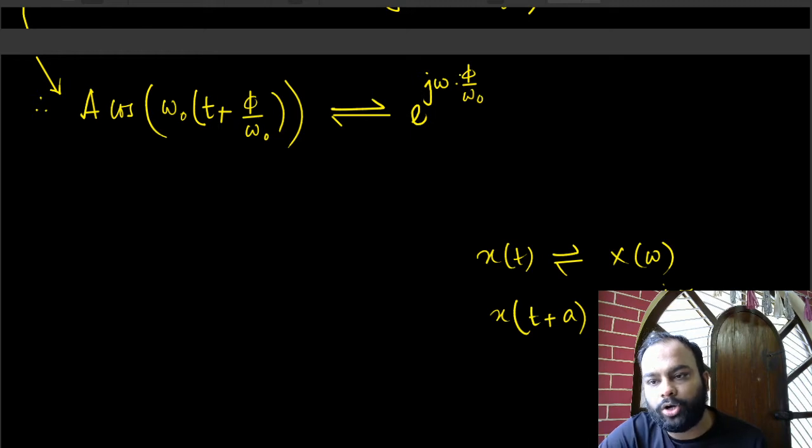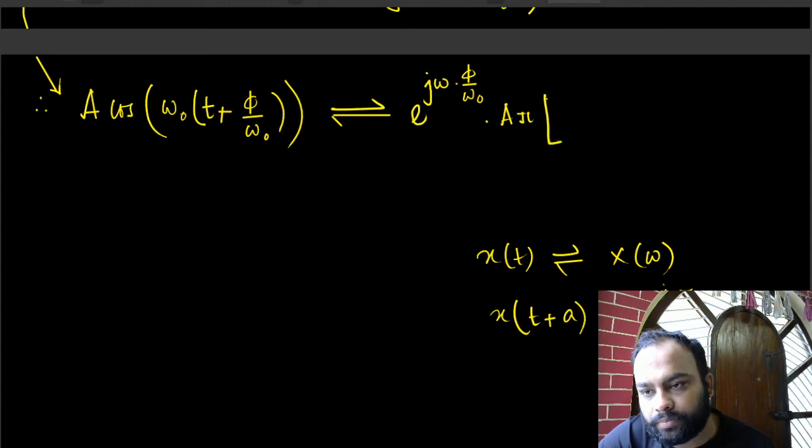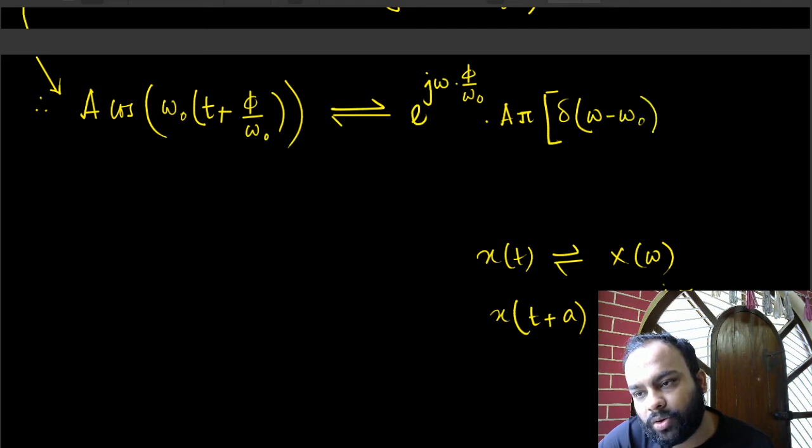Everything is on top of this exponential, and then X(omega), which is a pi times delta(omega minus omega naught) plus delta(omega plus omega naught).